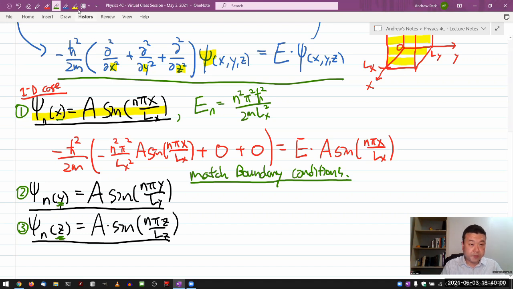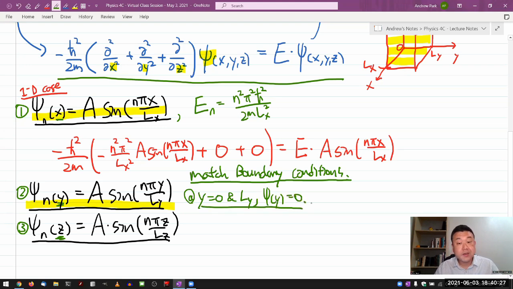But take this y dimension solution, for example. Not only does this need to satisfy the boundary condition that at y equals 0 and at y equals L sub y, so at these values, you need to have psi of y equal to 0. That is satisfied.